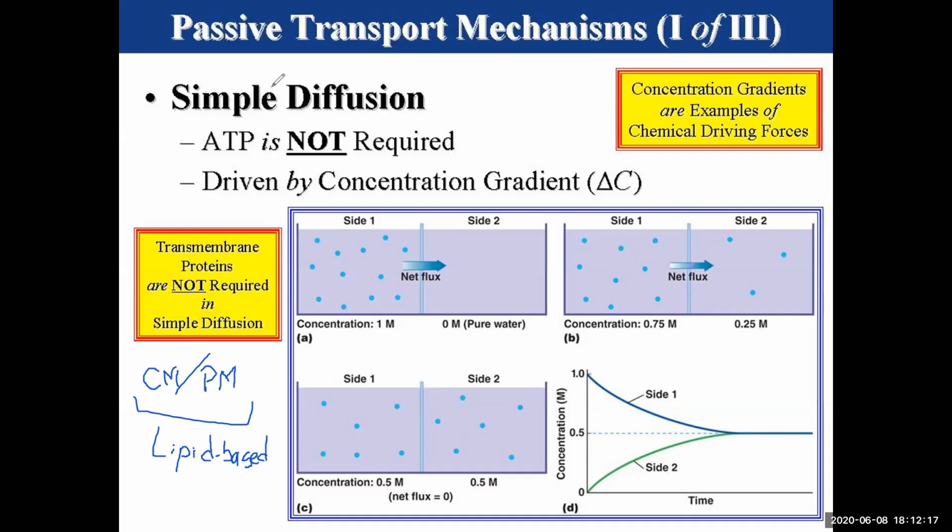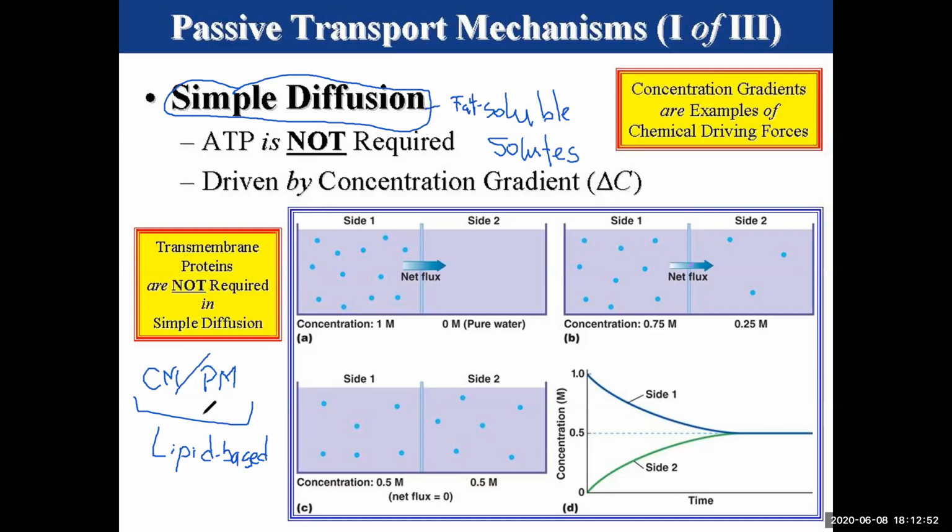So simple diffusion transports fat-soluble solutes, meaning solutes, chemicals that are compatible with lipids.